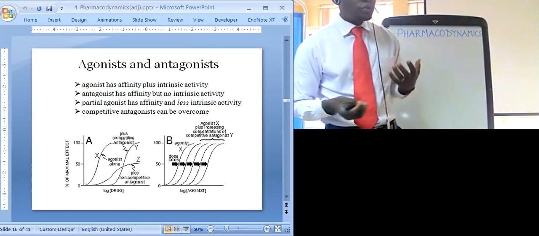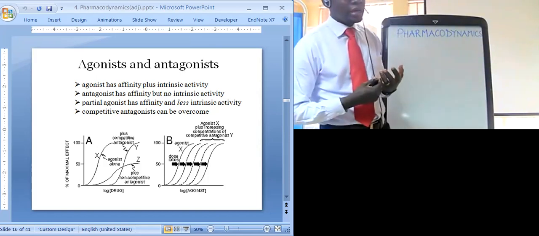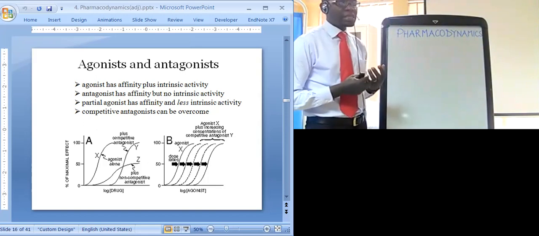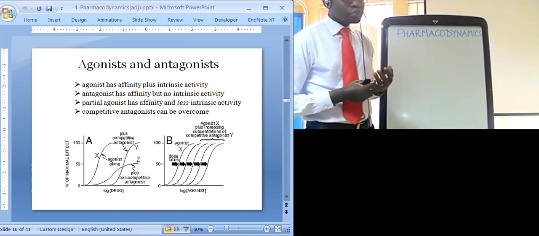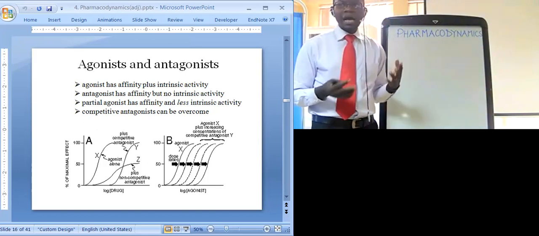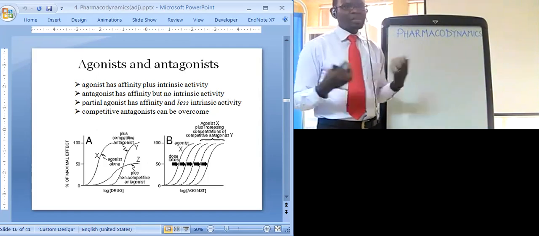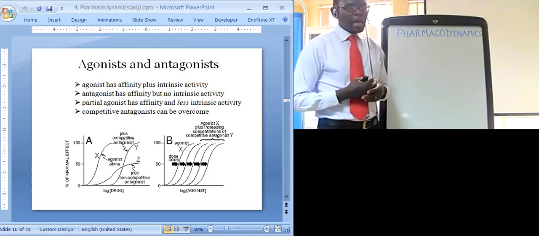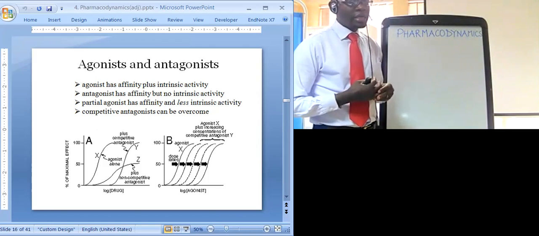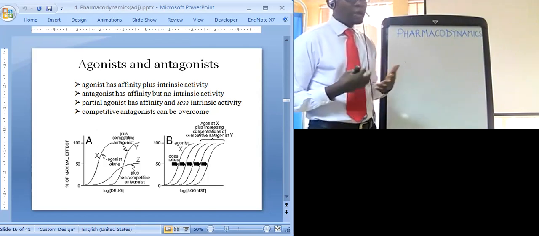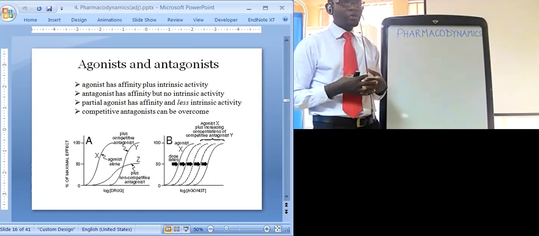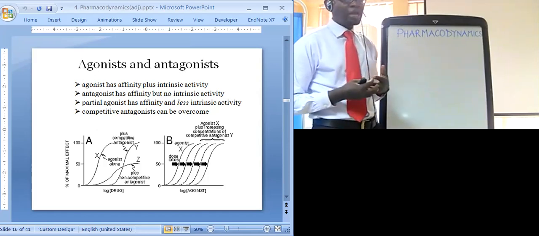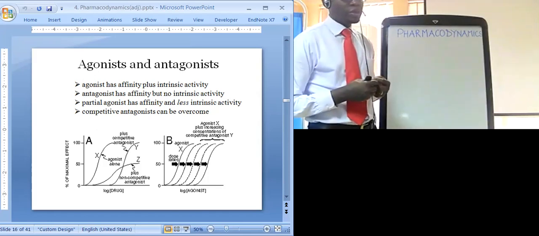And we also have what we call partial agonists. They basically have affinity and have less intrinsic activity because they are partial agonists. And with partial agonists, a competitive antagonist can basically overcome a partial agonist.